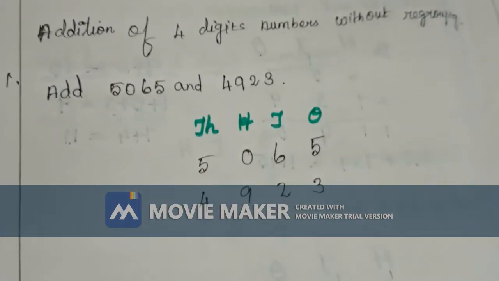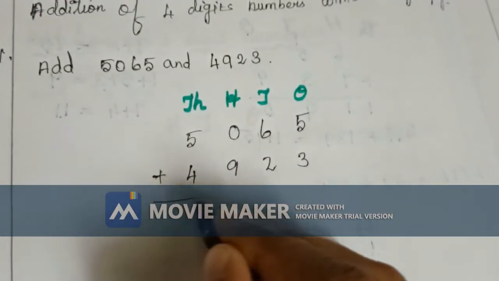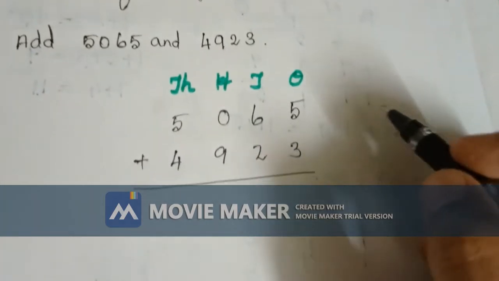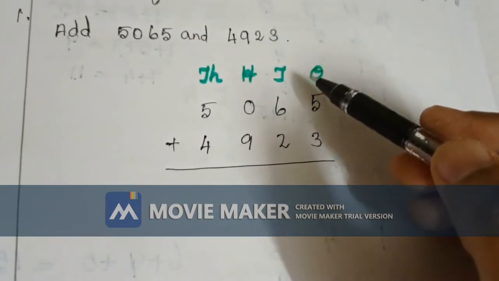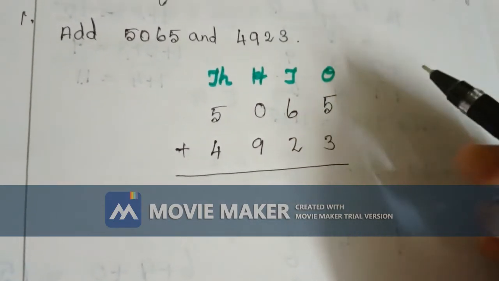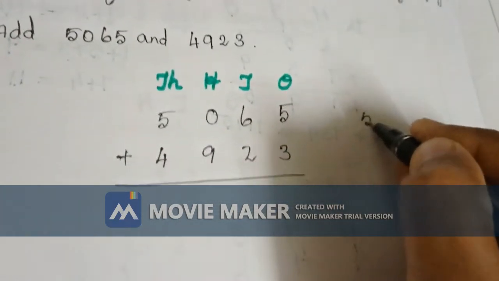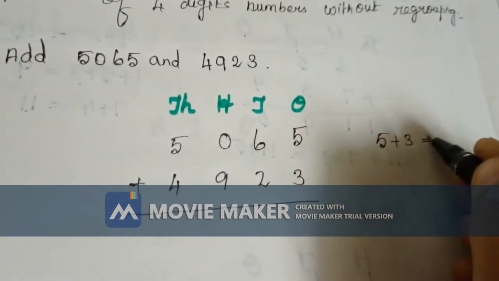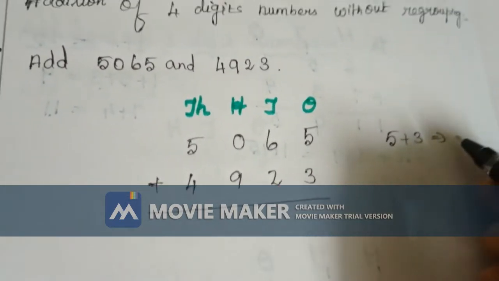So the next step, you have to add these two numbers. While adding, first you have to add the digits in the ones place. The ones place values are 5 plus 3. 5 plus 3 gives us 8.